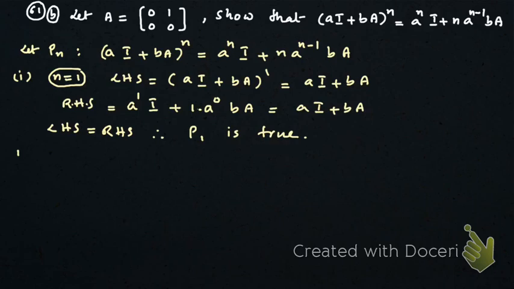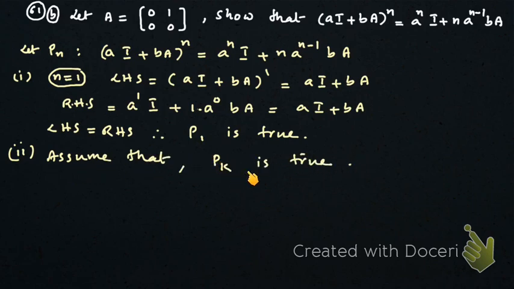In the second stage, as you will remember, we make an assumption. We'll say, assume that the result Pn is true for n is equal to k, or rather I just say Pk is true. So we assume that the result is true for n is equal to k, which means into this result, wherever n comes, I can put k.